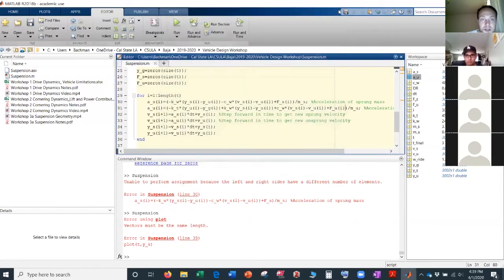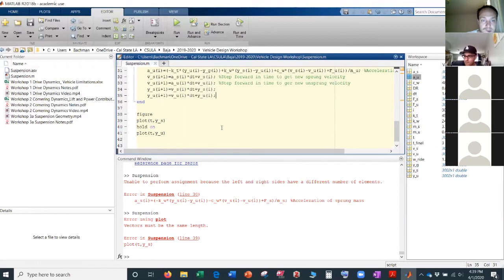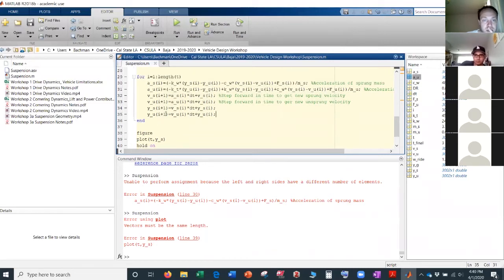Okay, good. Now we're getting to about the right point. So t and y sprung. Oh, so these went forward one more portion of time, basically. How do we get it not to? We'll go length of t minus 1.